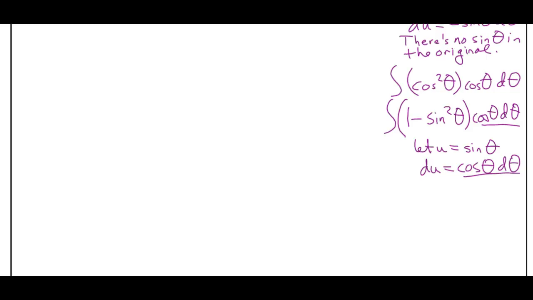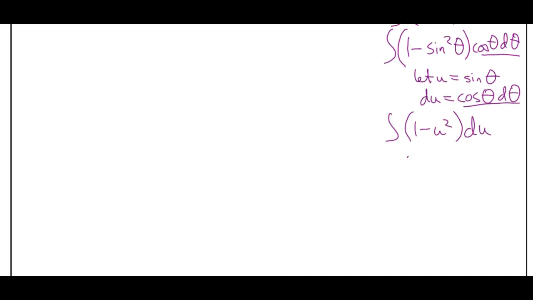This is just going to be the integral of 1 minus u squared du. And we could do that. What's the integral of 1 minus u squared? It's going to be u minus 1/3 u cubed plus c.